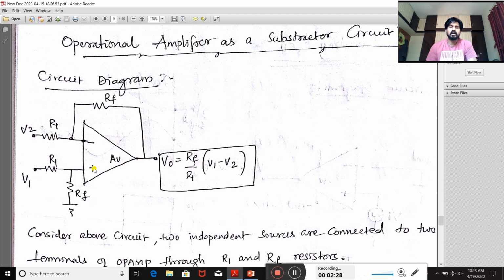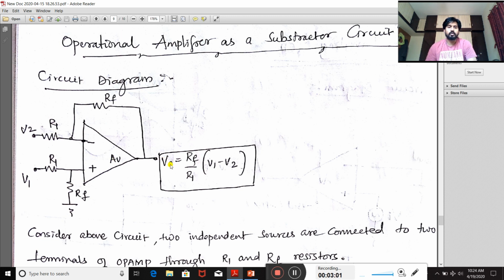Two resistors are connected in both the terminals, negative terminal as well as positive terminal, and named RF and RF, R1 and R1. That indicates that the resistance values of both these resistors are the same. And two independent voltages are applied to the operational amplifier.